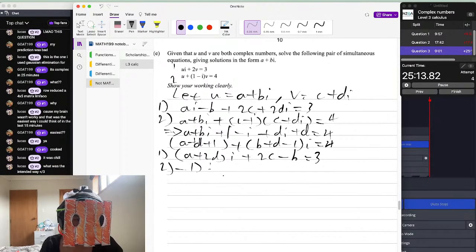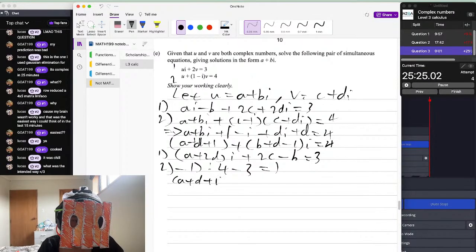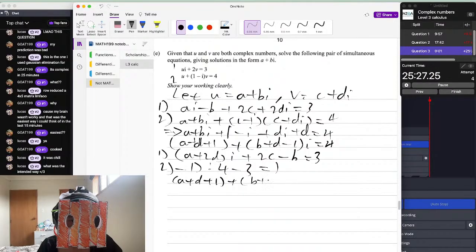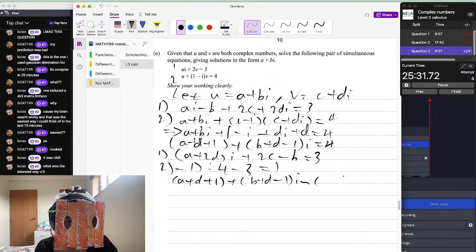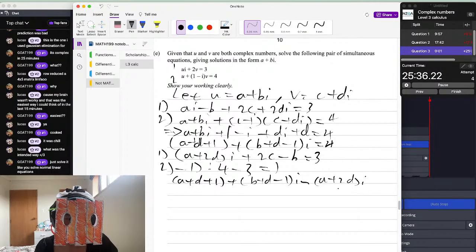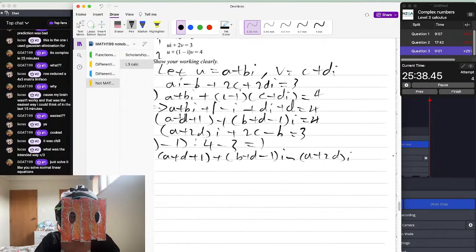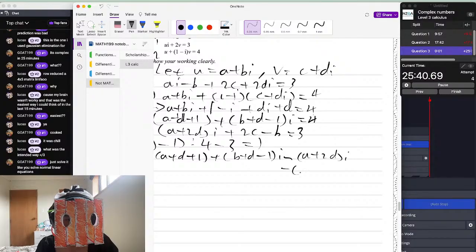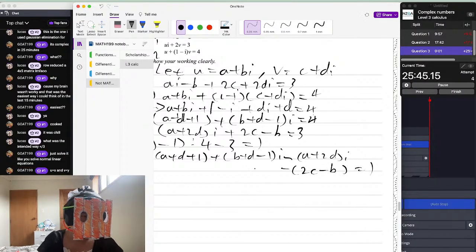That just gives us 4 minus 3 equals 1. Also means a plus d plus 1 plus b plus d minus 1 i minus a plus 2di minus 2c minus b equal to 1.